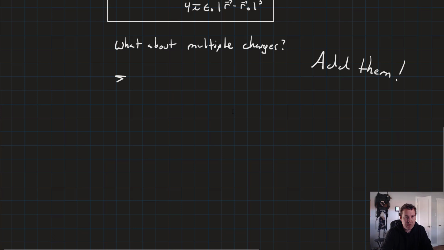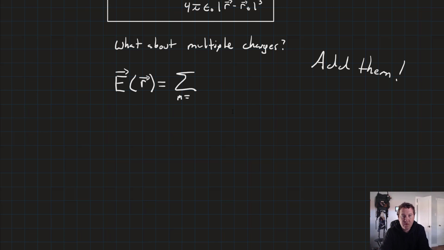So to calculate the electric field at any given point given by the vector r, that's going to be equal to the sum, as m equals 1 to n, where n is the number of point charges, of qm times r minus rm over 4 pi epsilon naught times the magnitude of r minus rm cubed.